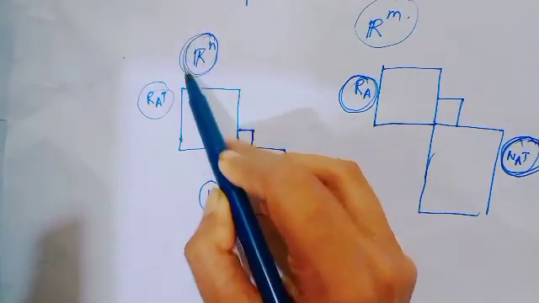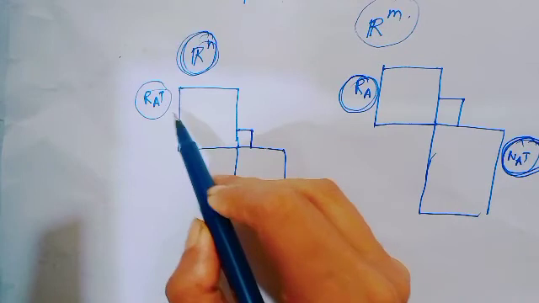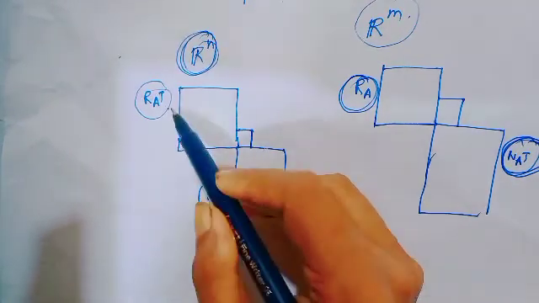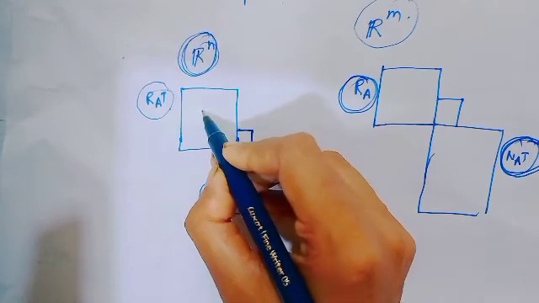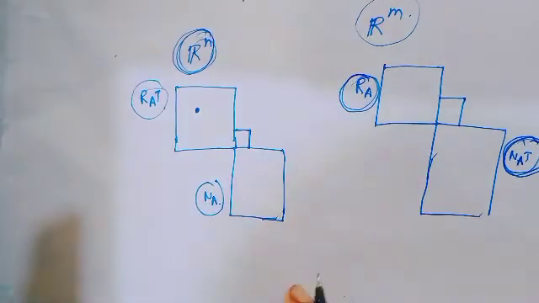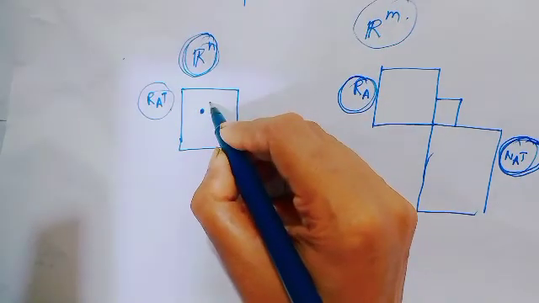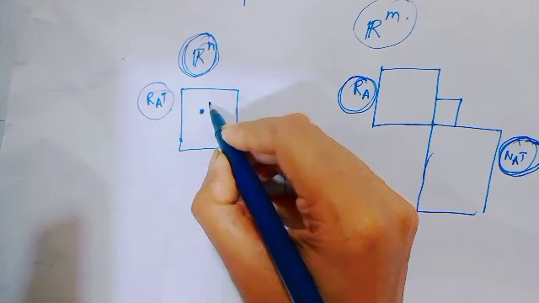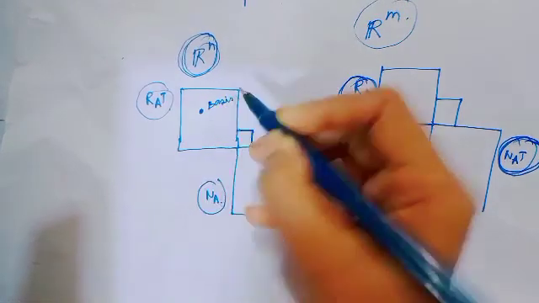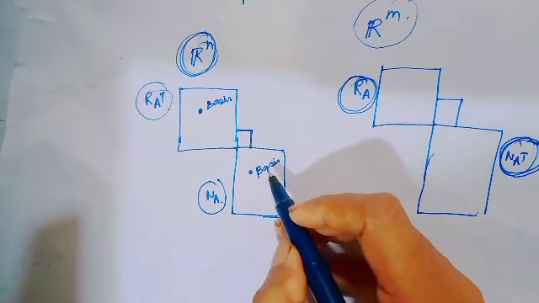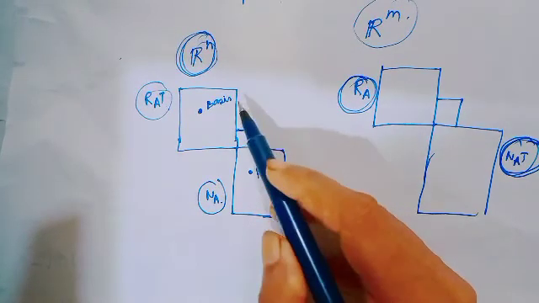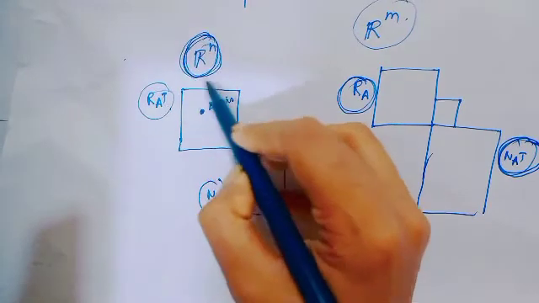That means every vector in Rn can be written as a sum of vectors from these two spaces. If you take a basis of the range space of A transpose and a basis of the null space of A, together this is a basis of Rn.